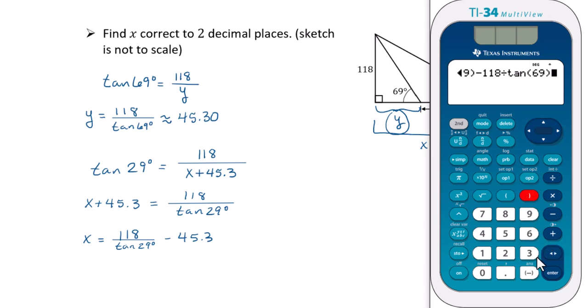That way I have as little round off error as possible, and I get approximately 167.58. And remember, if there is some kind of a unit, you'll want to include that unit to be able to get a correct answer on this.